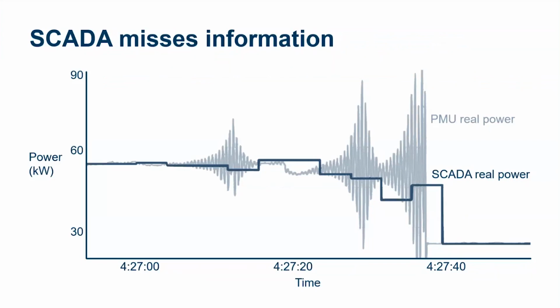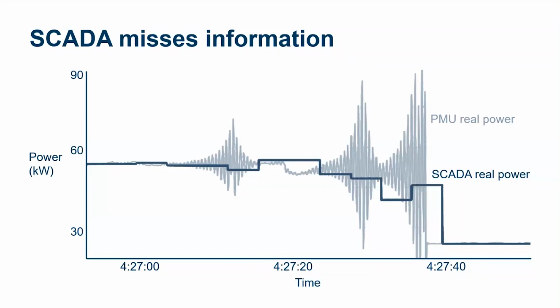Here on this slide, you can see an oscillation from a wind farm in the United States from a couple of years back, and you can see that there's this growing oscillation, which ultimately results in that generation source tripping offline.